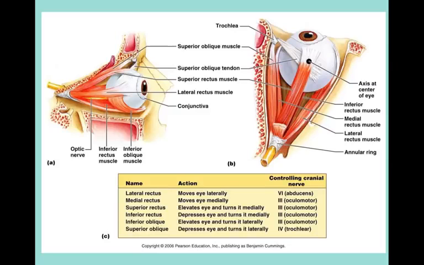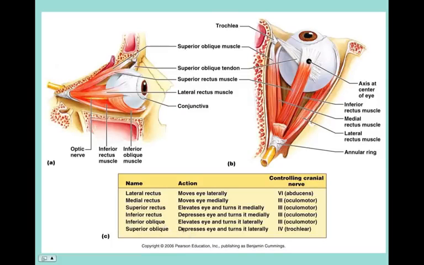The inferior oblique and superior oblique are small muscles that also play a role, sort of a secondary role, and the inferior oblique elevates the eye. So unlike the superior rectus, where that elevates the eye, and the inferior rectus, where that depresses the eye, the inferior oblique elevates the eye, and the superior oblique depresses the eye.